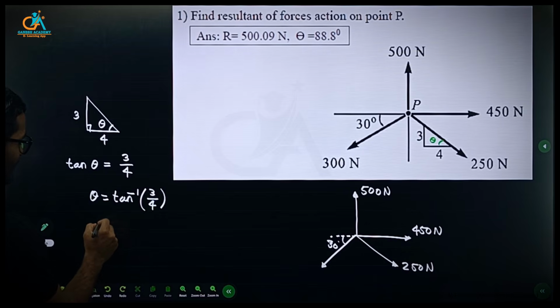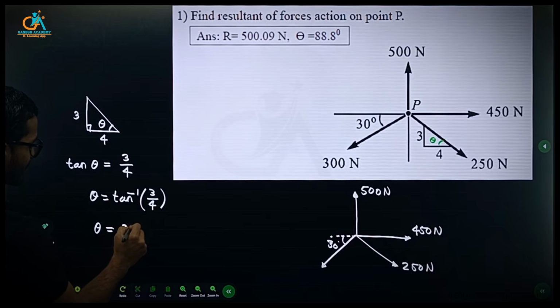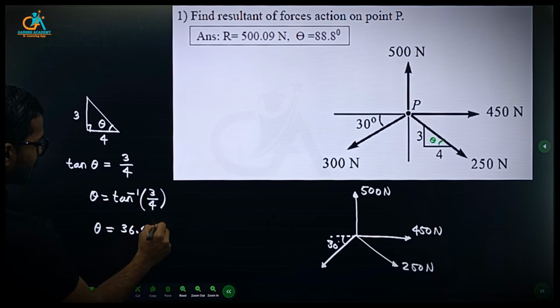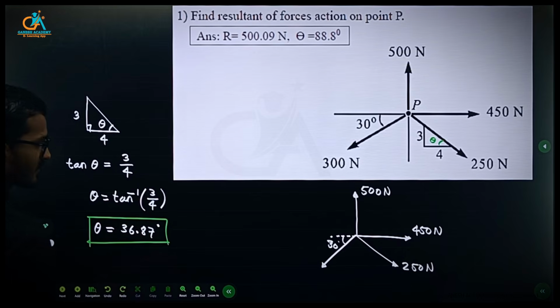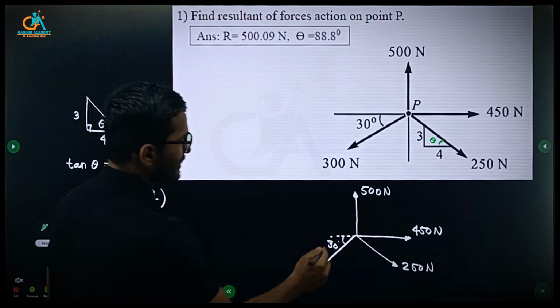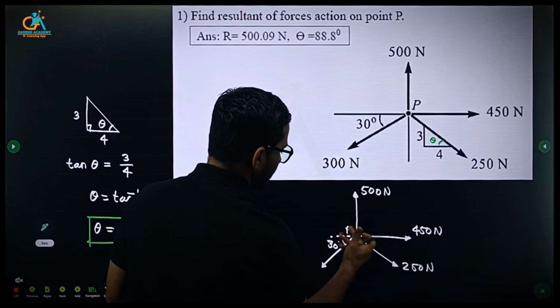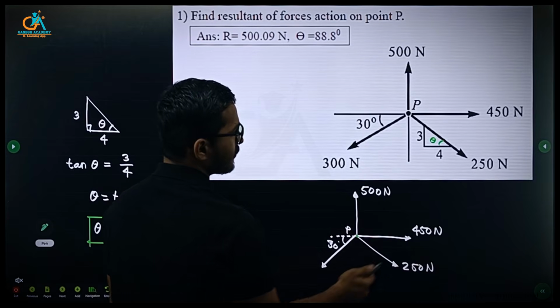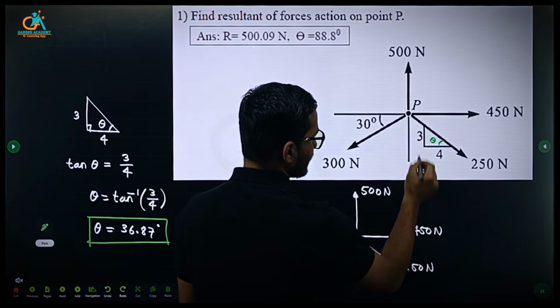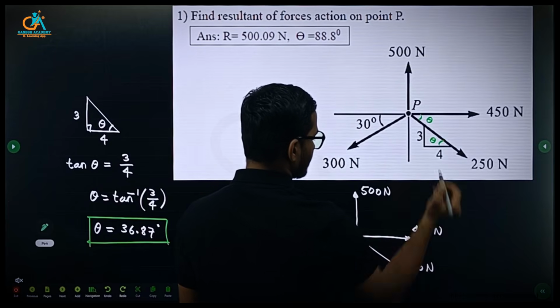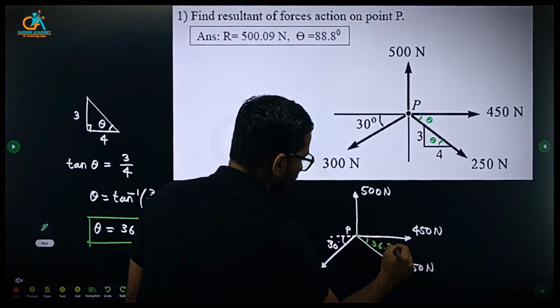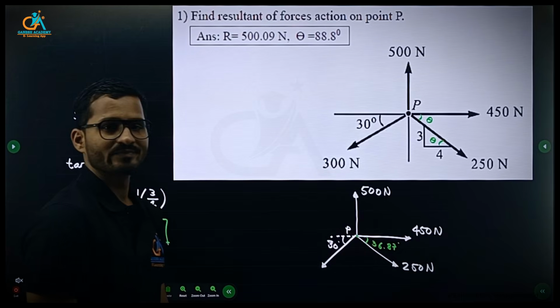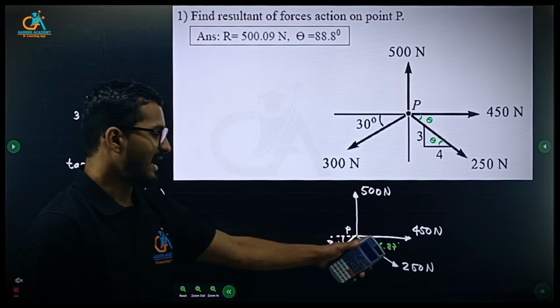This is 36.869. You can take 36.870. Okay, this is point P. The angle of this force will be 36.87 degree with the horizontal axis.